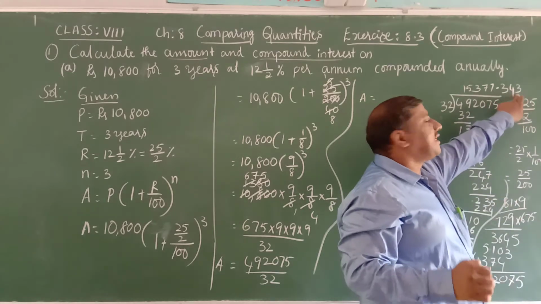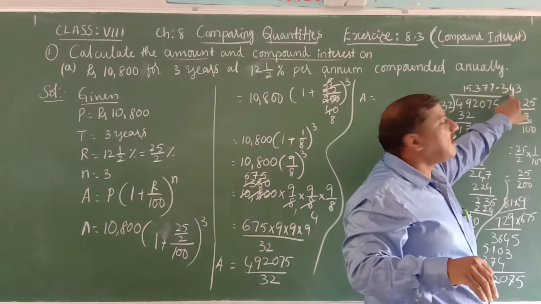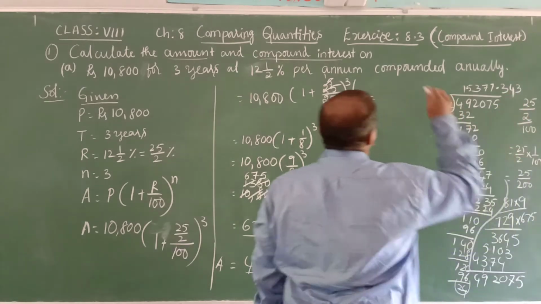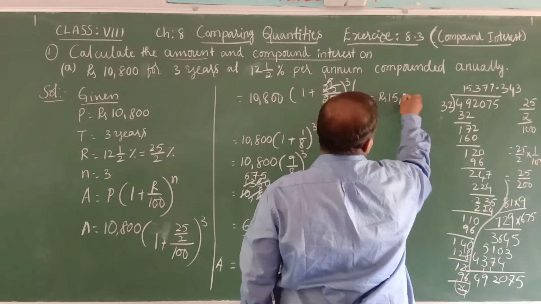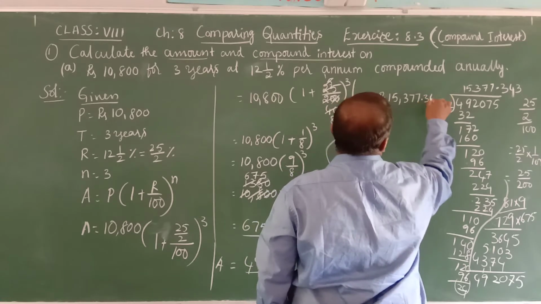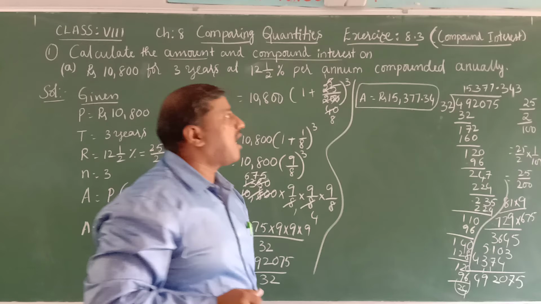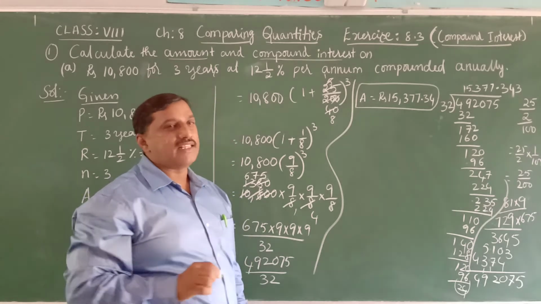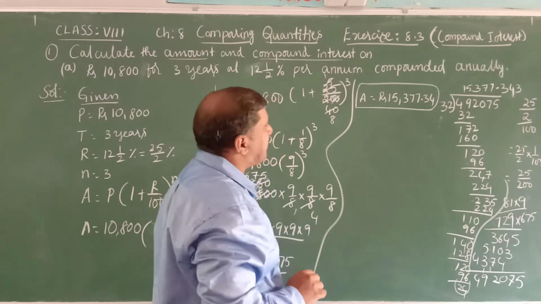Here the third digit is 3, which is less than 5. So when we round it off, 4 will be remaining. That is equal to 15,377.34 rupees, the amount which he will get after 3 years. 15,377.34 rupees he will get.